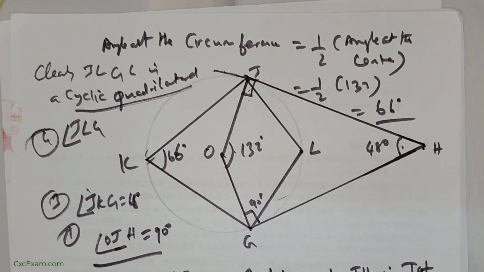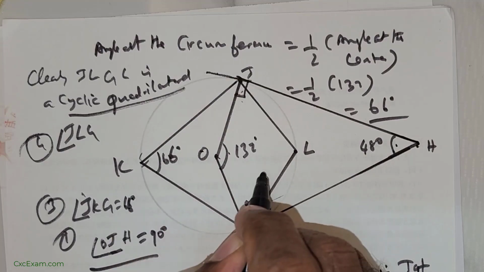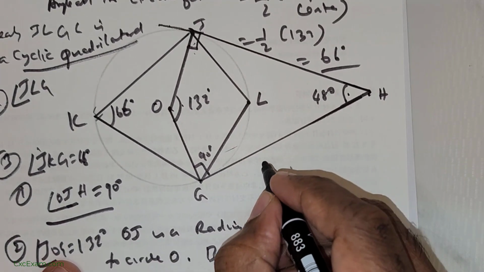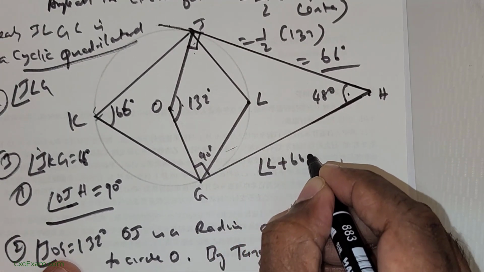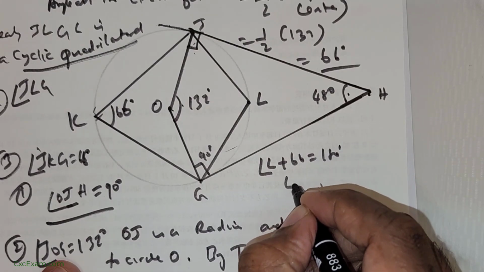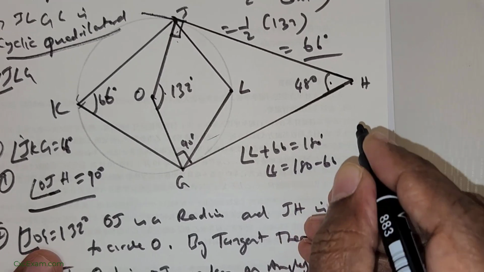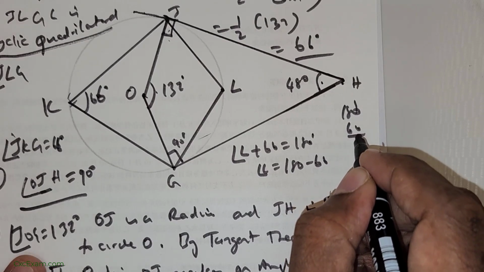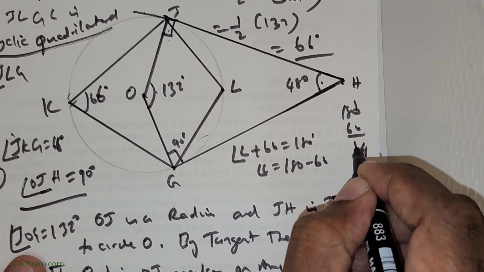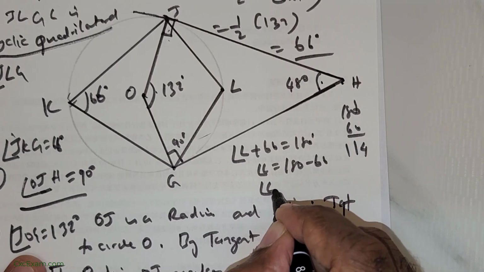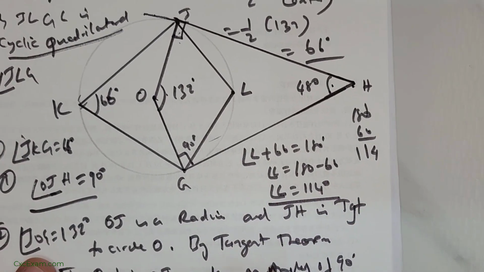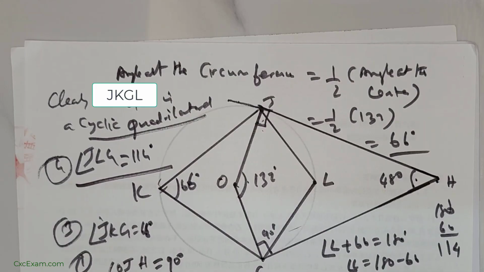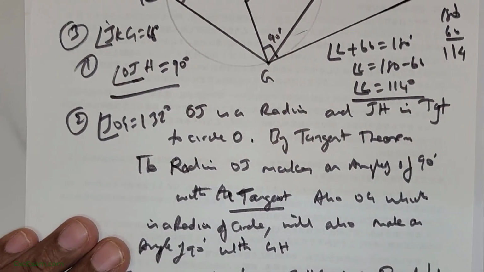So that means the opposite angles add up to 180 degrees. So I'm going to put this here. So angle at L plus 66 is equal to 180. Therefore angle at L is equal to 180 minus 66. So from 180 you take away 66, you get 4. From 7 you take away 6, you get 1. And this is going to be 114 degrees. So JLG is equal to 114 degrees. Okay, so that's the solution for this question.